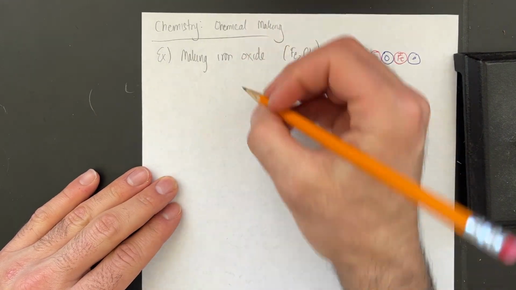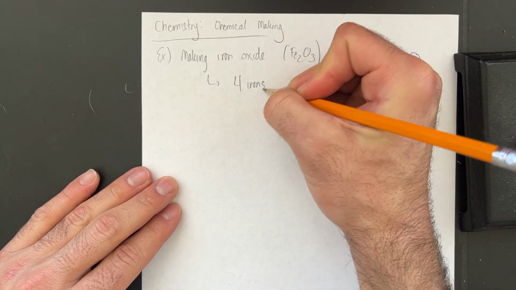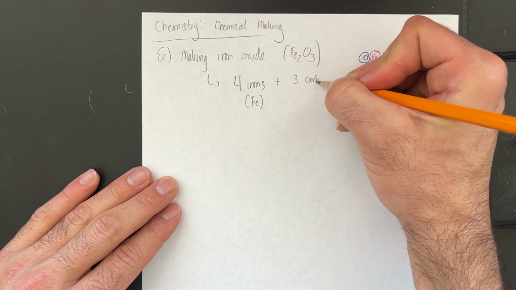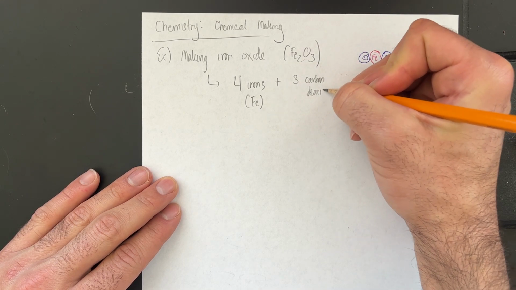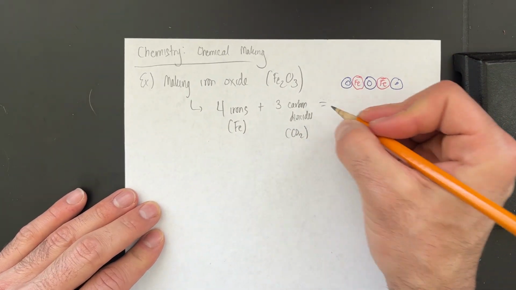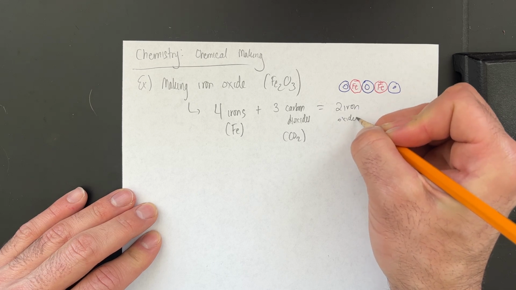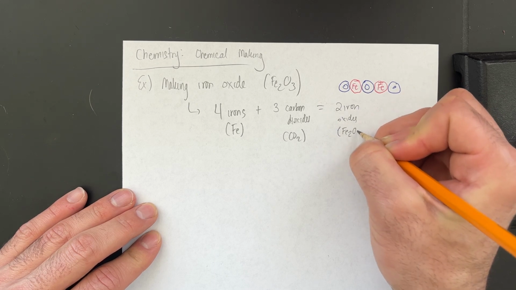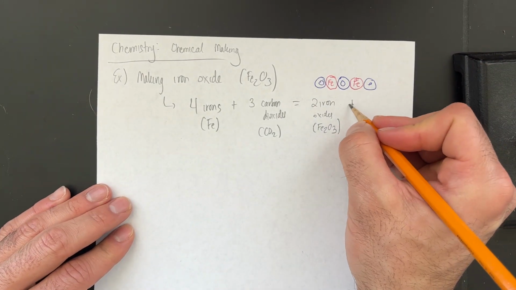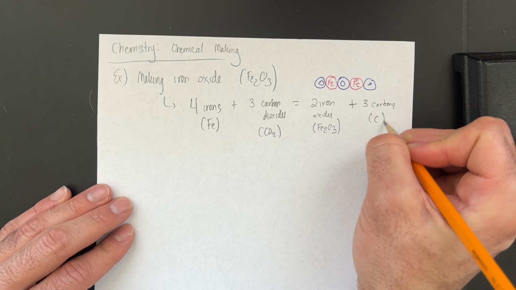You need 4 irons, Fe, and 3 carbon dioxides, CO2, and that is going to yield 2 iron oxides, 2 Fe2O3s, as well as 3 carbons produced in that situation.